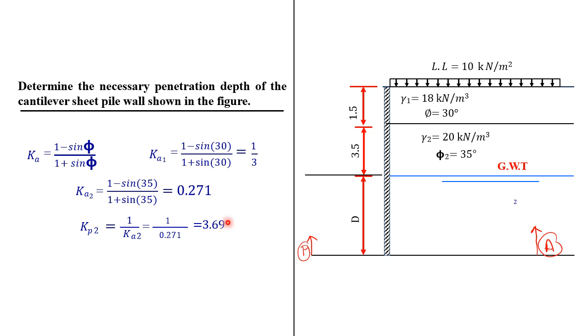During the design, I will take only 1/2 of my passive resistance as a factor of safety. So we will see this in the next slide. Let's put here our K active, and that's for the second layer, and our K passive.